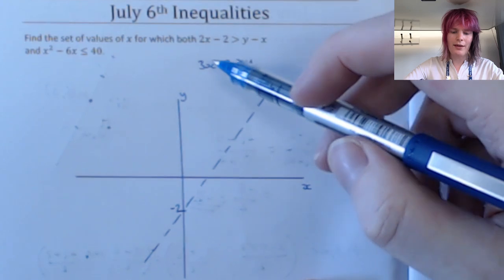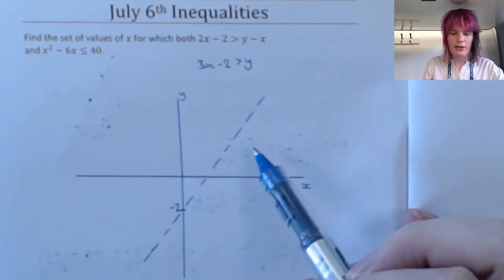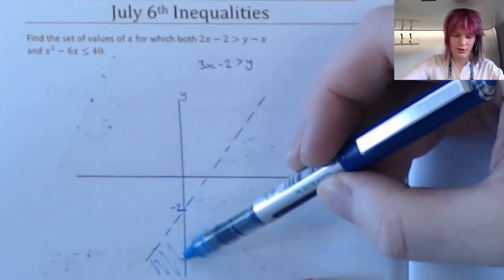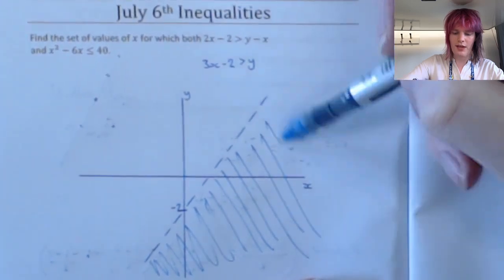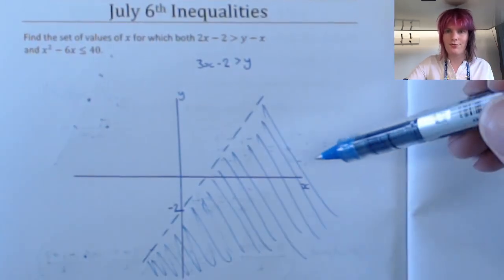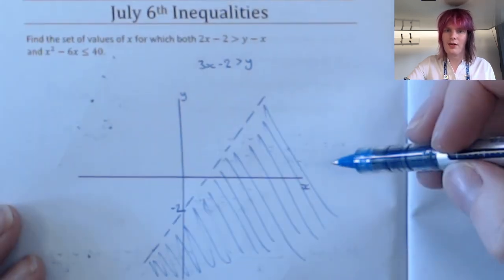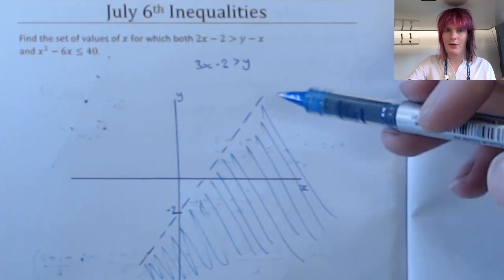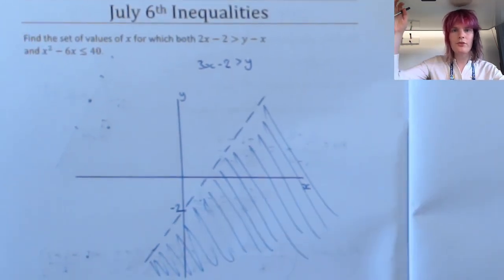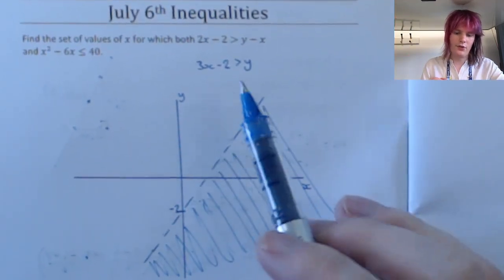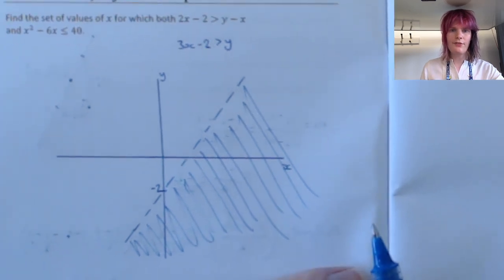So now we're looking for where this value is bigger than y, and we can intuit that we're looking for this region, because if I put in a really big value of x, like 200, on this side 3x minus 2 is clearly greater than y, whereas on the other side, y is going to be greater than our 3x take 2. So that's our first curve.